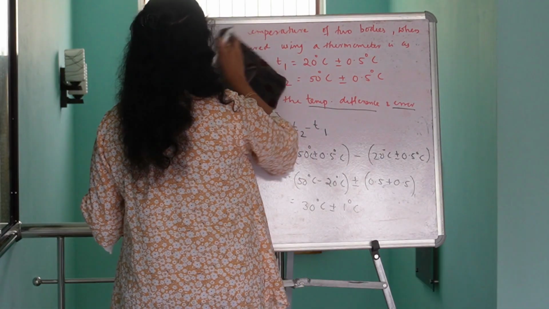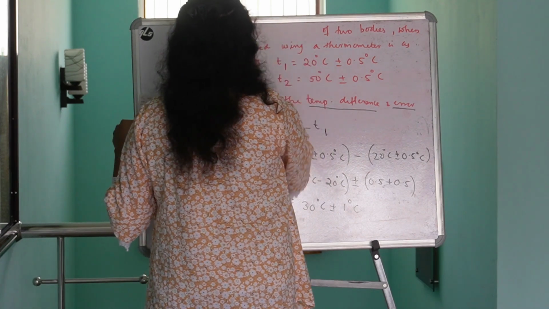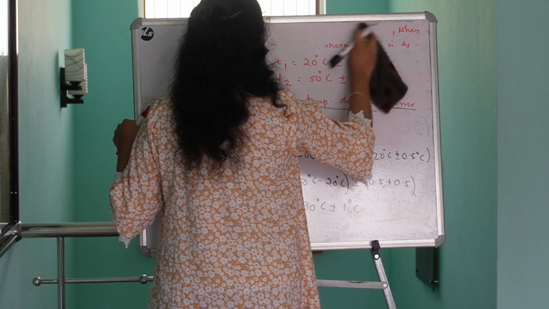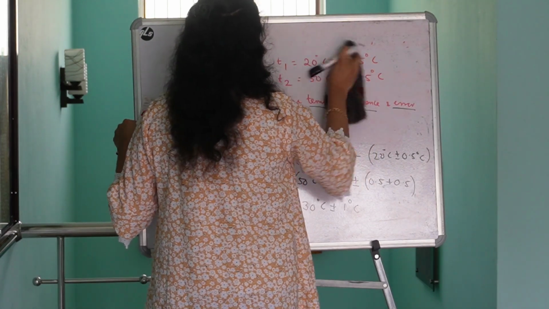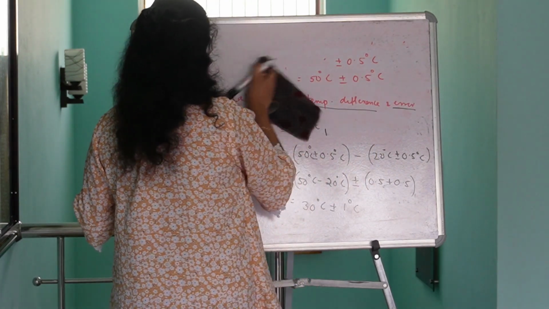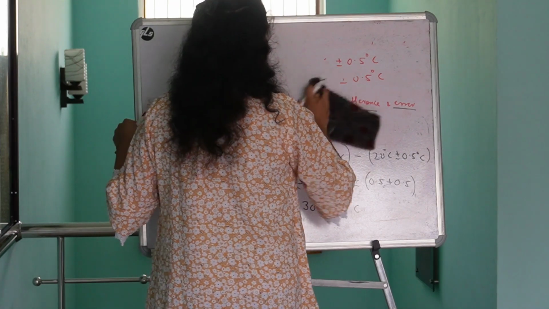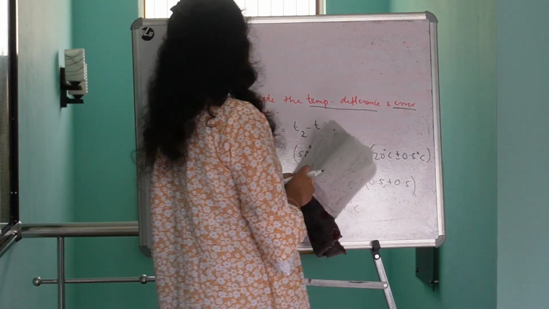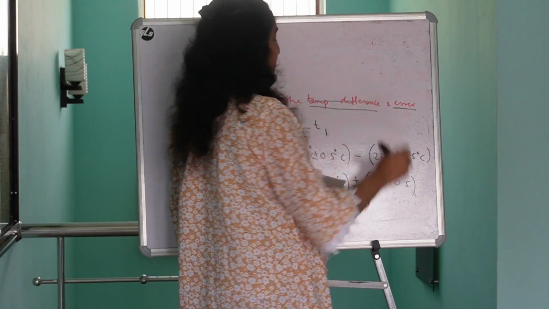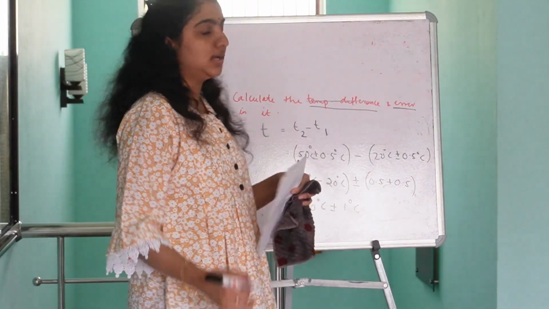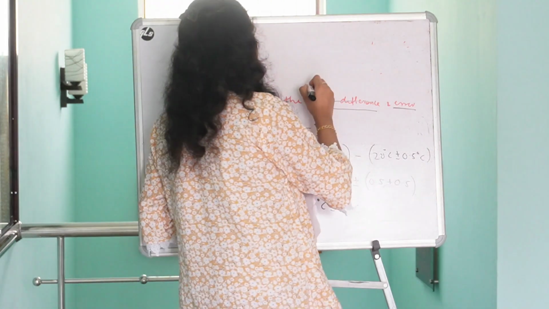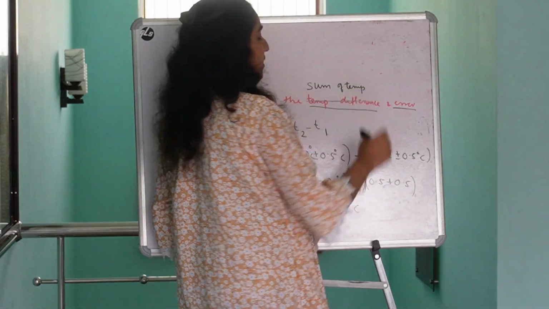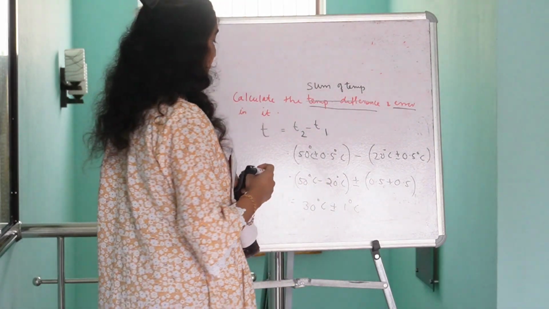So this was a very simple question. Here you have to apply the concept of error combination when two physical quantities are subtracted. Suppose in the question you are asked to find the sum of the temperatures.